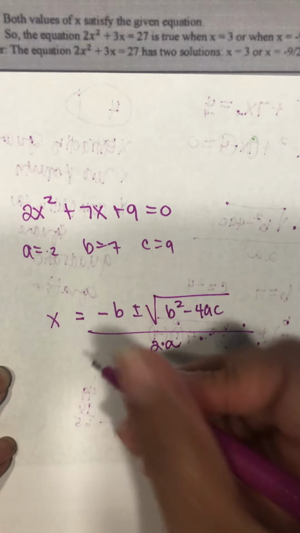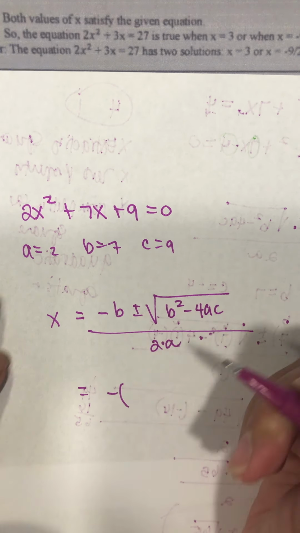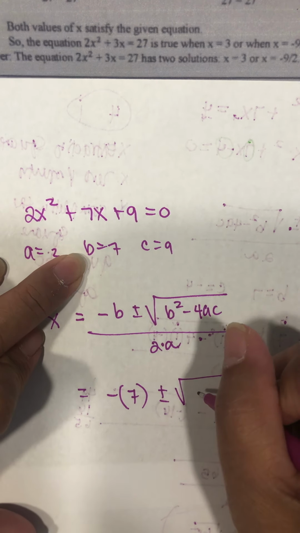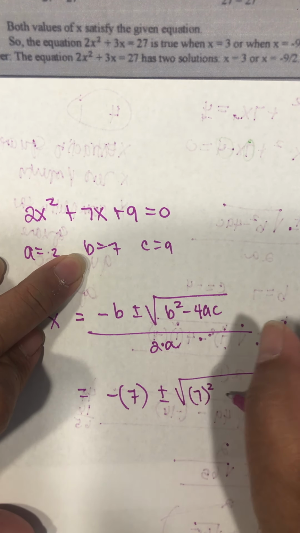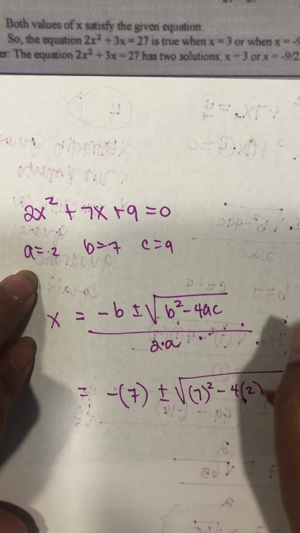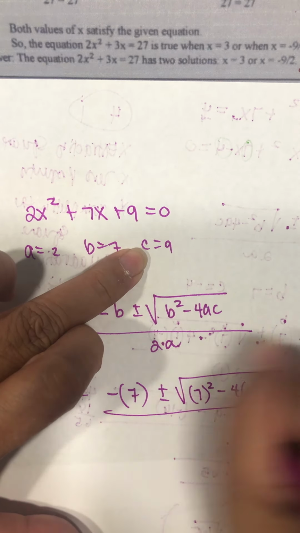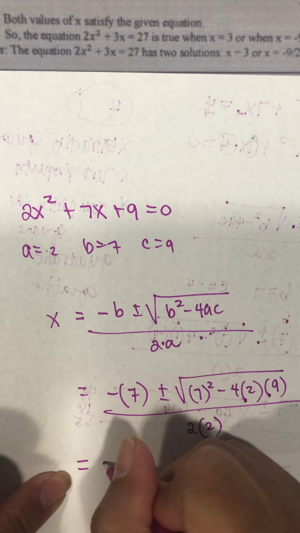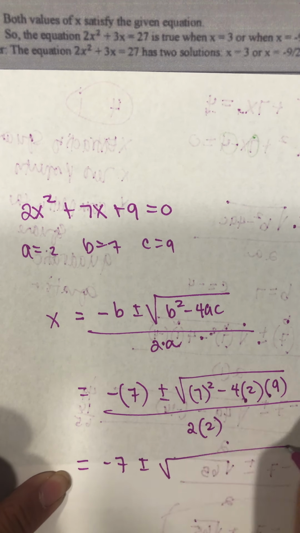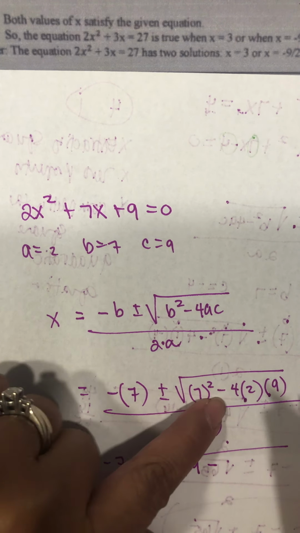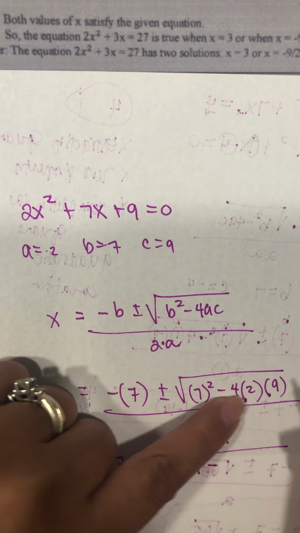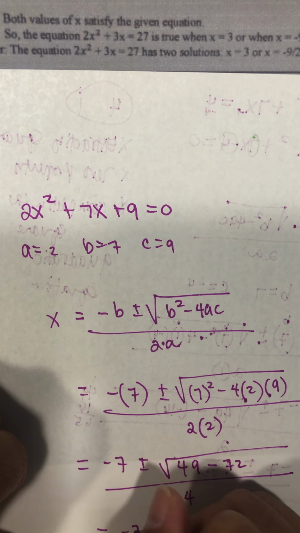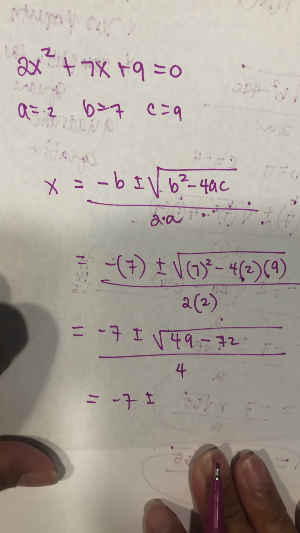All right, so negative whatever is our B, 7 plus minus square root of 7 squared minus 4 times 2 times 9 over 2 times 2. All right, negative 7 plus minus 49 minus 8. 4 times 3 is 8 times 9, 72 all over 4. So negative 7 plus minus.